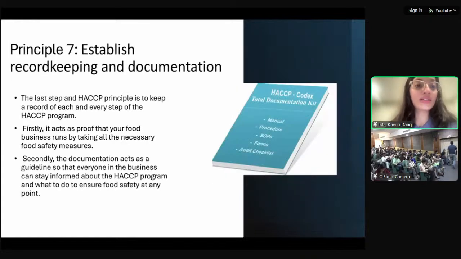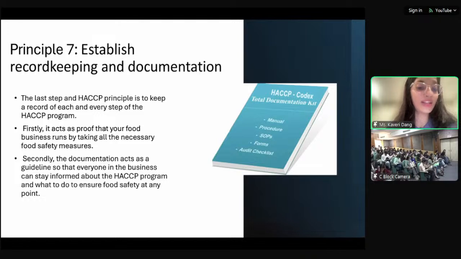And next one is establish record keeping and documentation. So principle six and principle seven, they go hand in hand. Once you do verification, you need to make sure that everything is documented and we have the records for all our corrective actions, for all the principles that we just discussed.